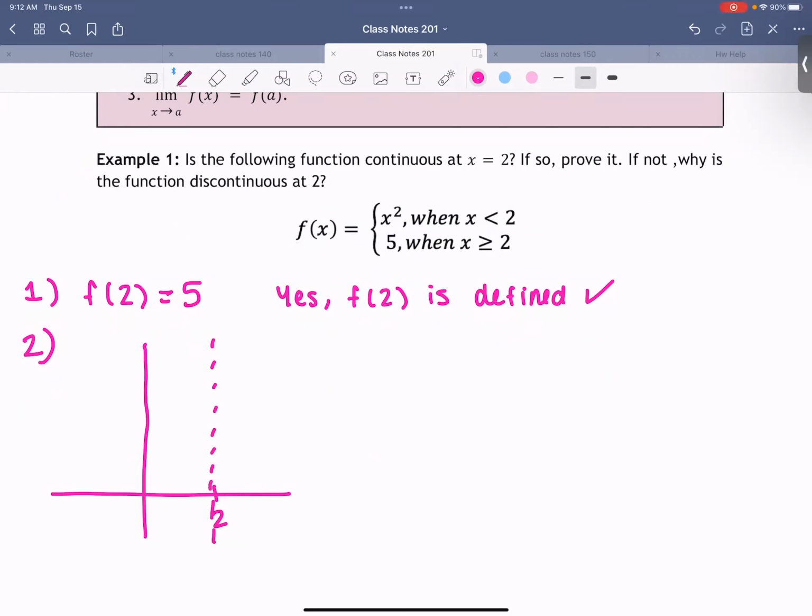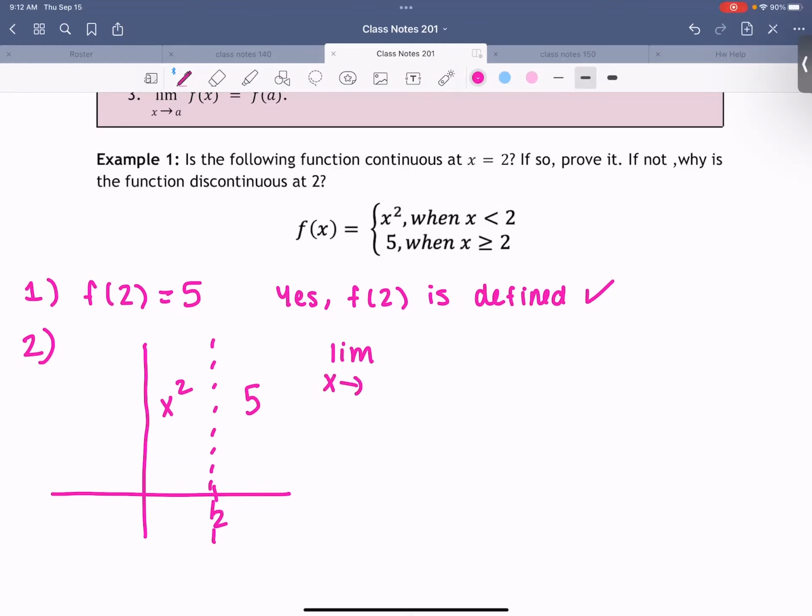We know our piecewise function does something to the left of 2 and it does something to the right of 2. To the left of 2, what is it? Is it x squared or 5? x squared, right? So I'm just going to write x squared here. So let's pretend we have the graph of x squared to the left, and to the right we have 5, right? If we want to find the limit, let's do left and right limits.